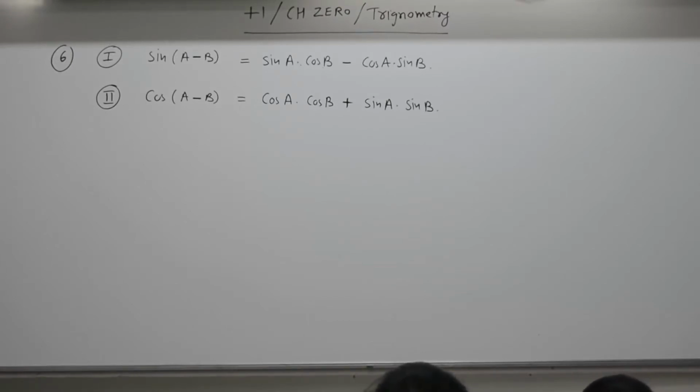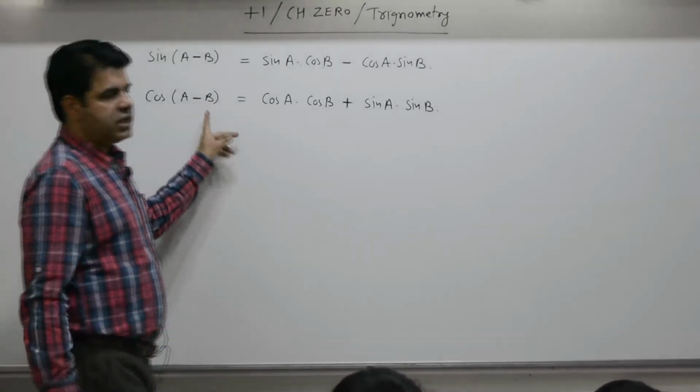Confirm the second part also on your own. Put A is equal to 60 degree and B is equal to 30 degree and confirm.